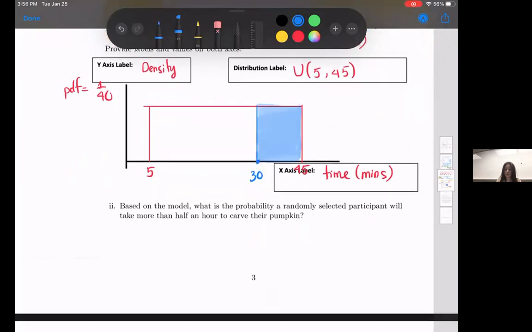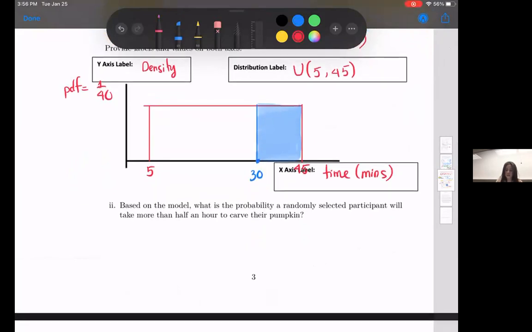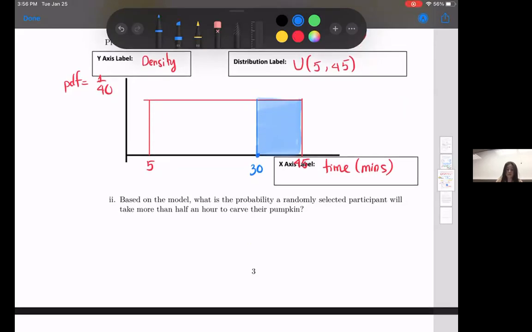Now, if somebody says, tell me what's the area under that curve? What's the area highlighted in blue? Just do the width times the height, which is 1 over 40 times 15, that is 45 minus 30. If you want to do all the math out, 45 minus 30 is 15 over 40, divided by 5, 3 over 8.